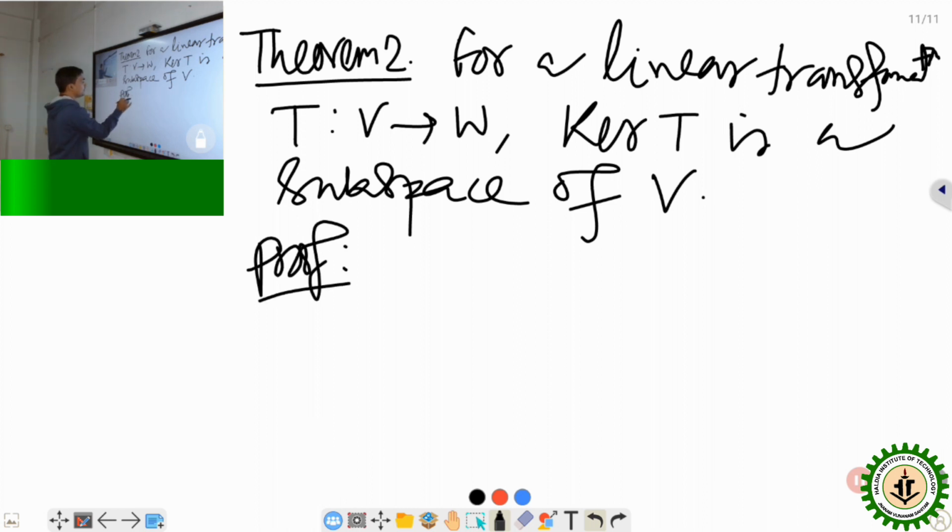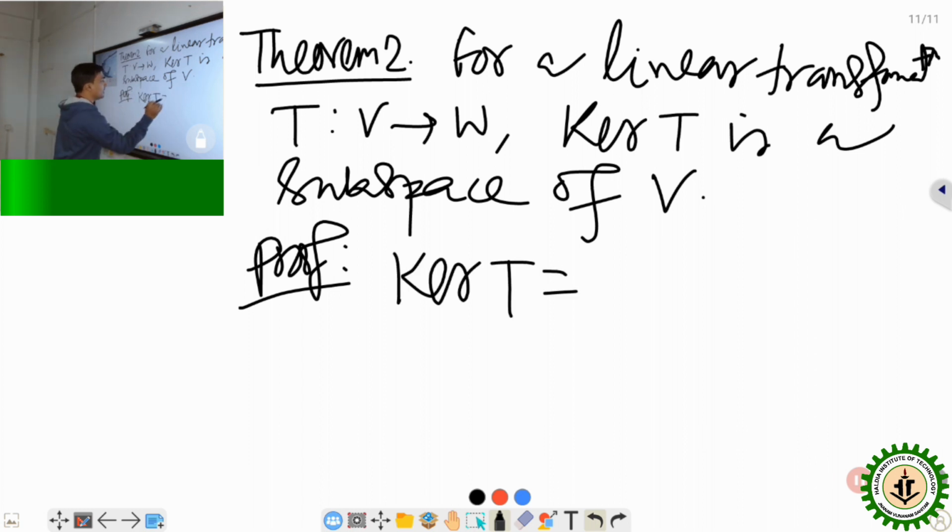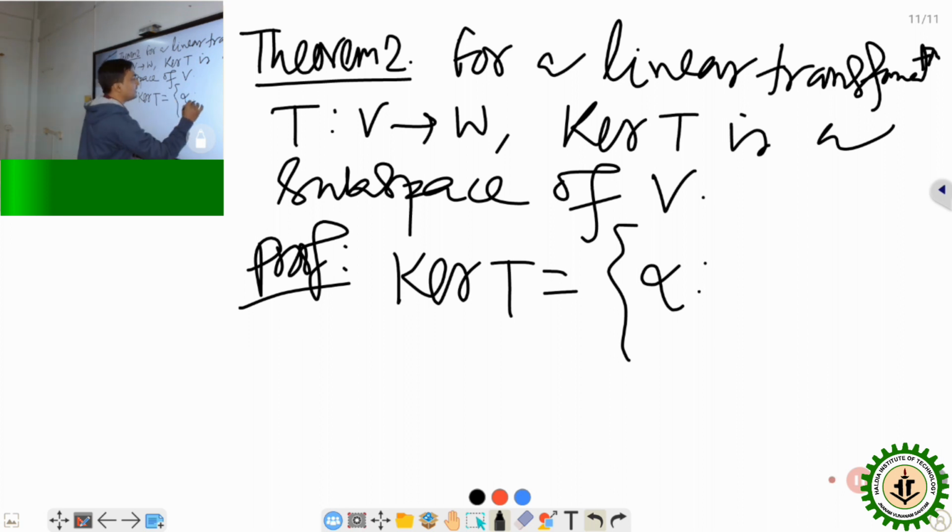First, a linear transformation T is given here from a vector space V to another vector space W, and we want to prove kernel T is a subspace of V. Now kernel T is a set, a collection of some vectors alpha, and that alpha must satisfy this condition.